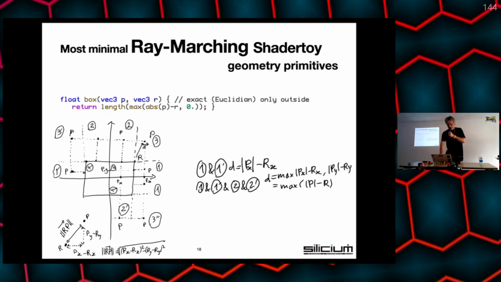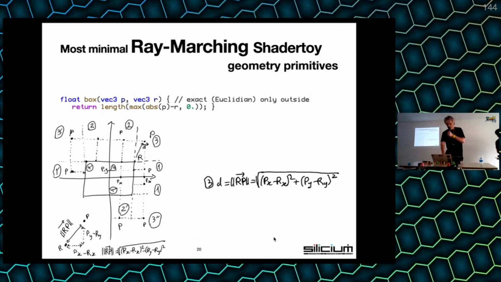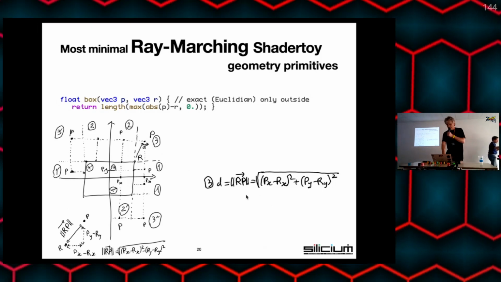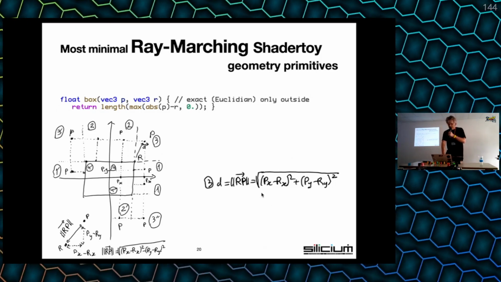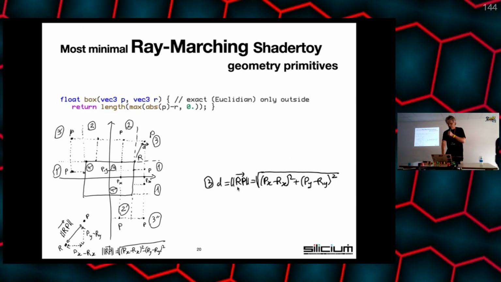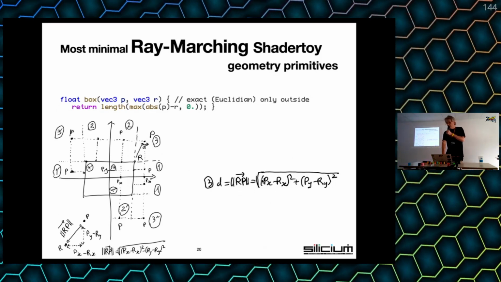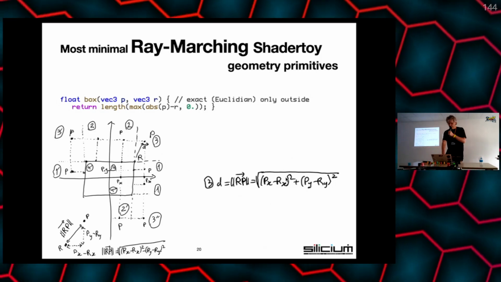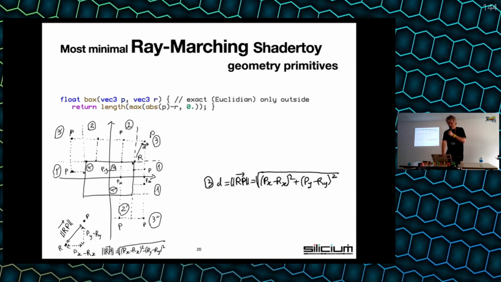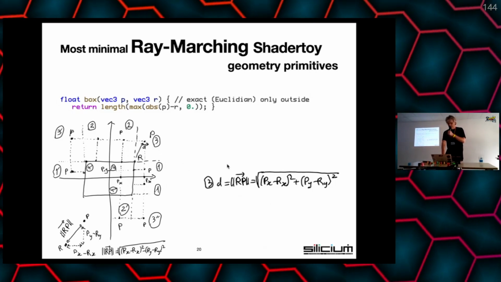I'm showing you that, and I will go back to the other explanations. This is the length of a vector between two points in this space: square root of the delta in x squared plus the delta in y squared.